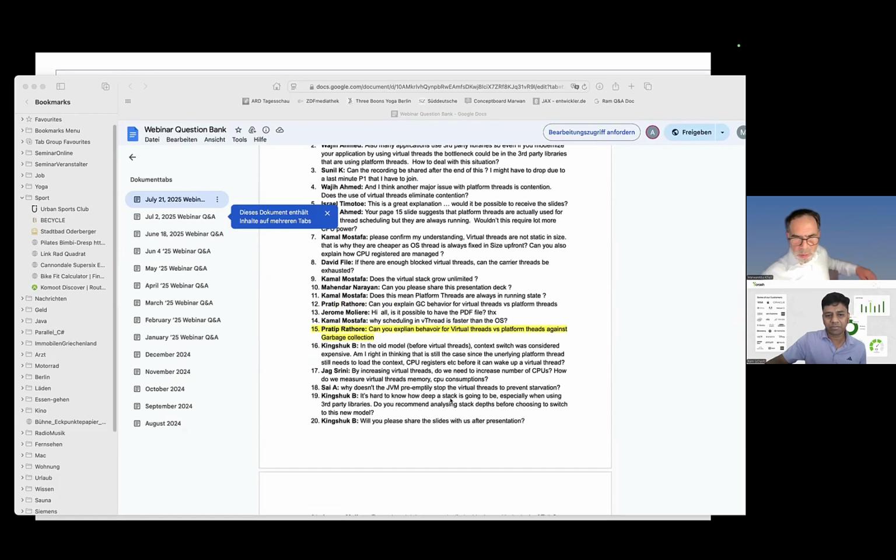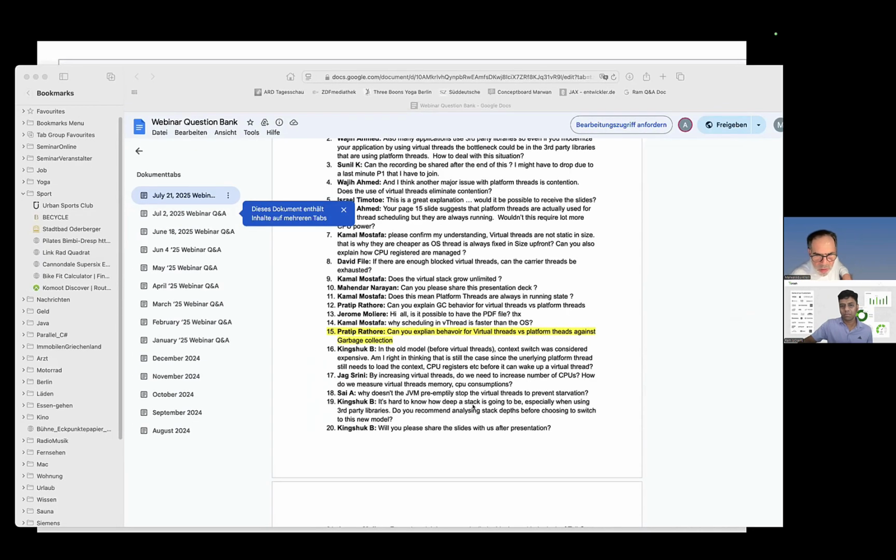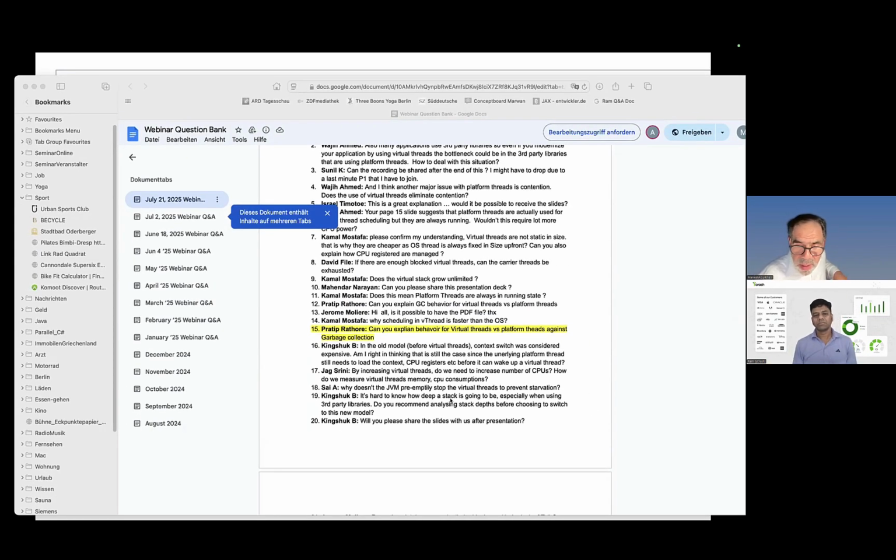Question 16. In the old model, before virtual thread, context switch was considered expensive. Am I right in thinking that is still the case, since the underlying platform thread still needs to load the context, CPU register, etc. before it can wake up a virtual thread? No. Interestingly, not. The registers do not change, because it's the same platform thread running.